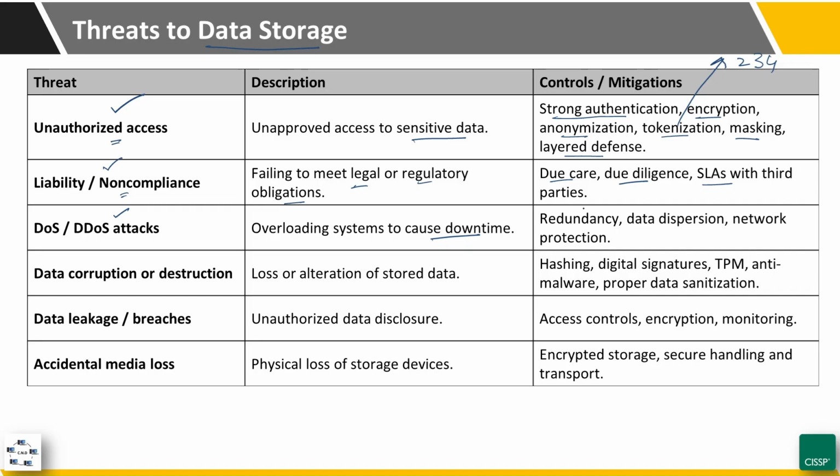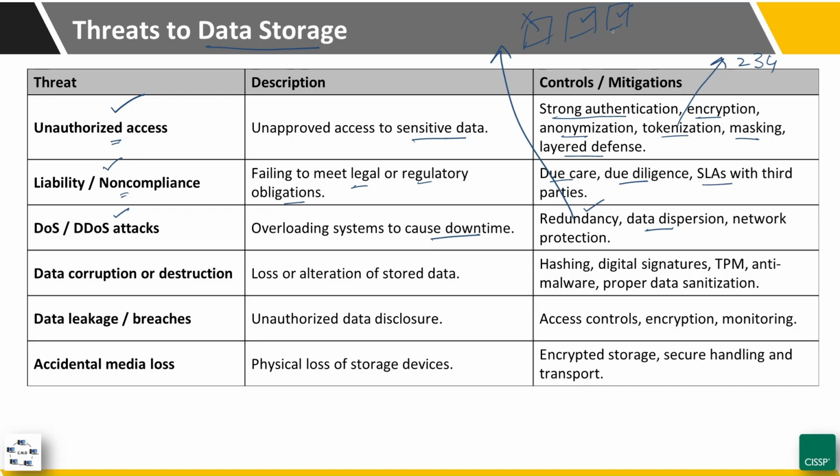So these are, as we studied in our domain 1, redundancy. Redundancy means that you have, let's suppose, multiple redundant servers, so that even if one server is knocked out by the DoS or DDoS attack, users can be routed to other available servers, and the services are not affected to the end user. Data dispersion. So data dispersion means that data is not located at a single location.